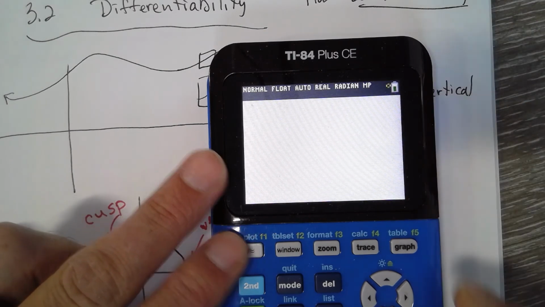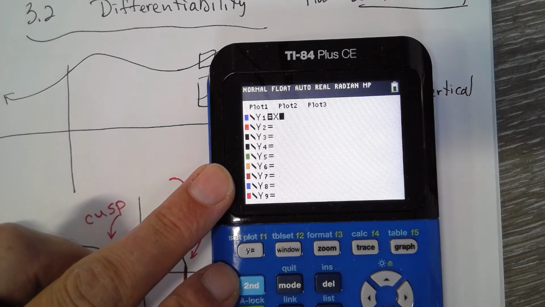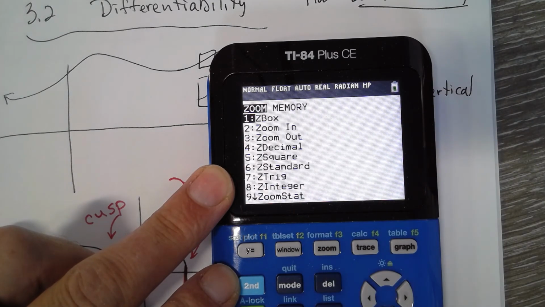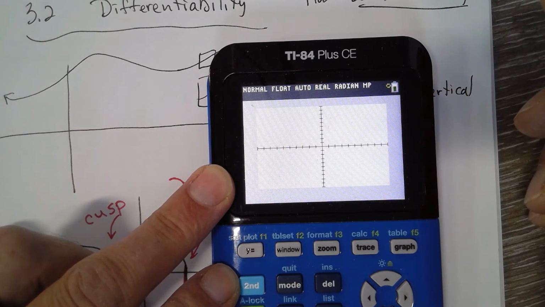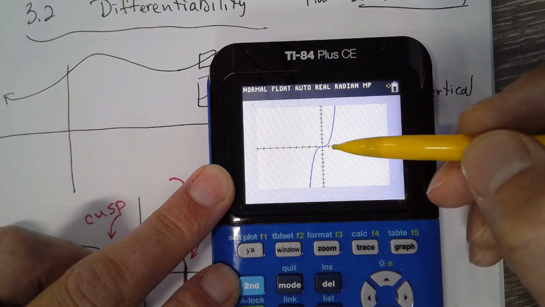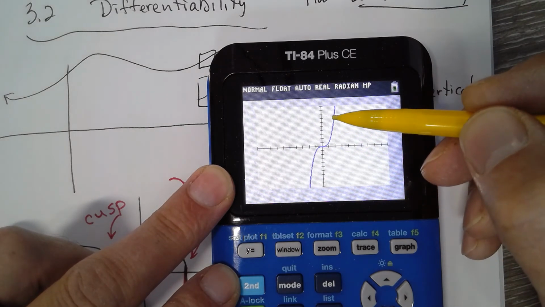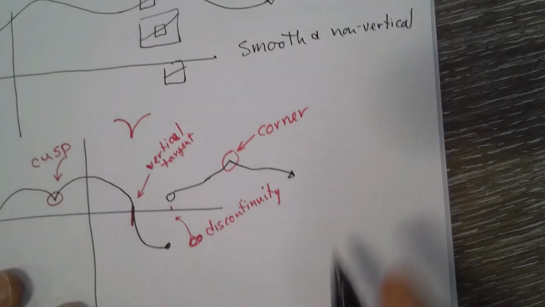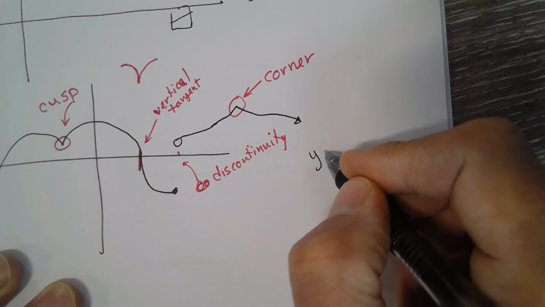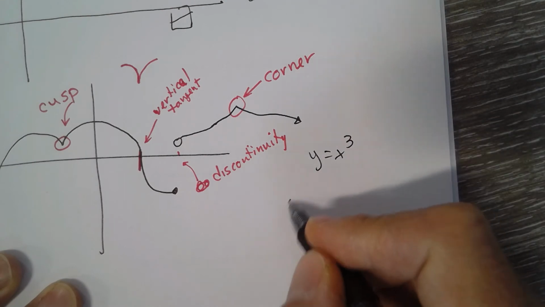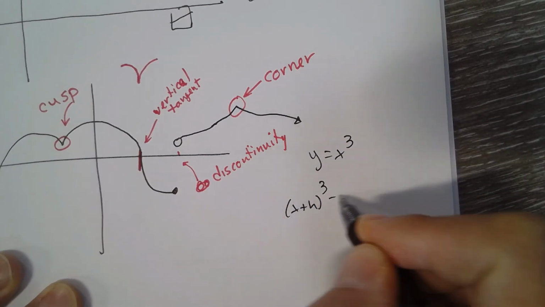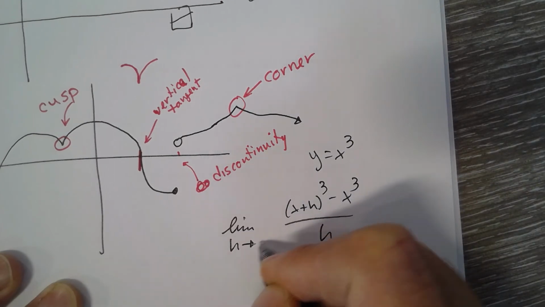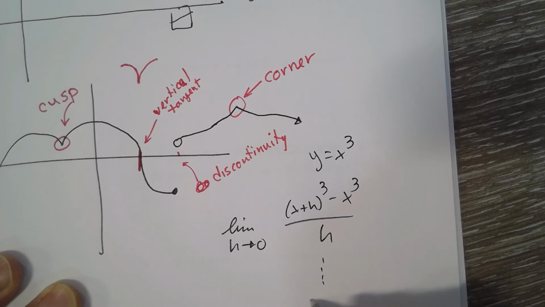What if I have x cubed and I wanted to find the derivative at 2? We could go through the process longhand: if y equals x cubed, we could do (x plus h) cubed minus x cubed over h as h goes to 0, and eventually you're going to get 3x squared.